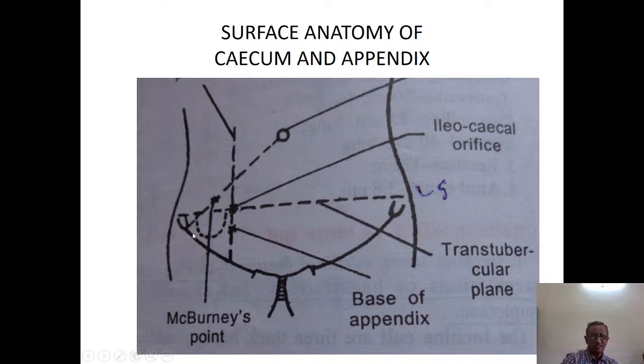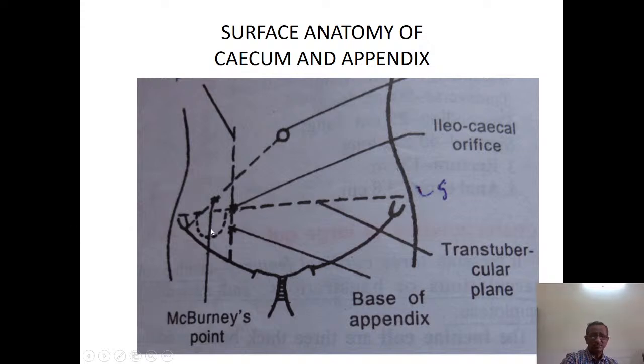We also see McBurney's point, the place where maximum tenderness can be felt in appendicitis. It is at the junction of the medial 2/3 and lateral 1/3 of the line joining the anterior superior iliac spine to the umbilicus, the spino-umbilical line.